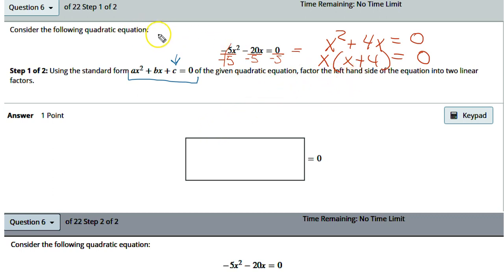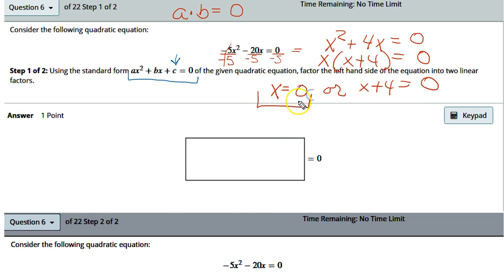Then we are using that factor property that a times b equals 0. In order for this to be true, either the a part or the b part needs to be 0. So then we just equate that. x equals 0, or x plus 4 equals 0. So there's one of our answers already.